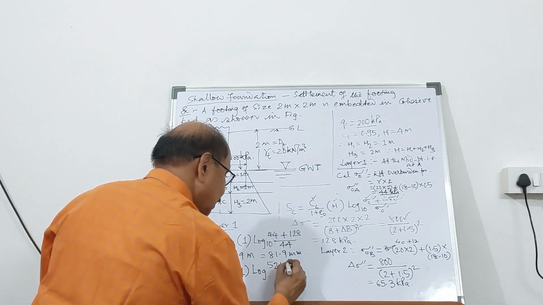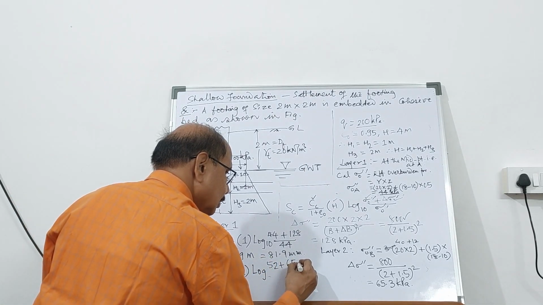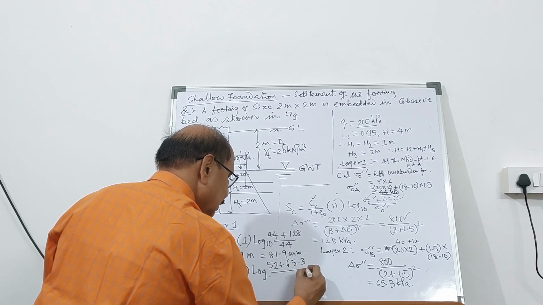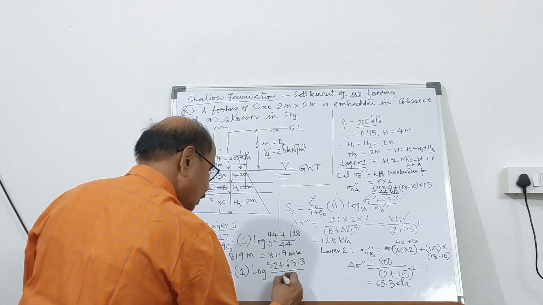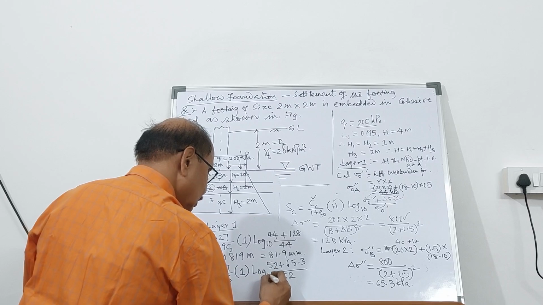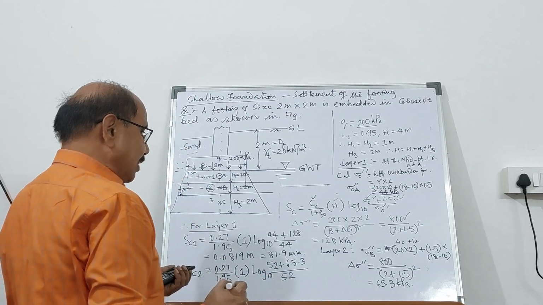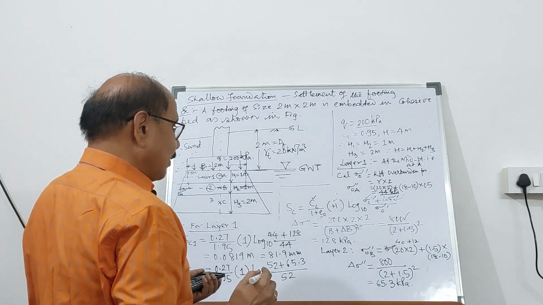So 65.3, sigma naught prime plus delta sigma prime divided by sigma naught prime.